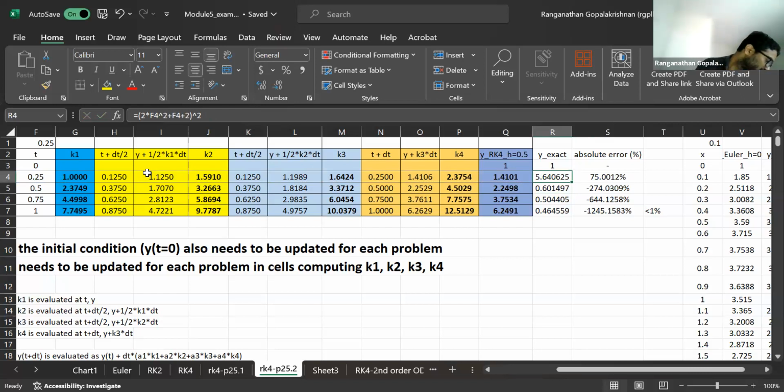Let's see here. y equals t plus 2t squared plus c. Then y of 0 is 1. So that's 2. Oh, and then I have to divide by 4.